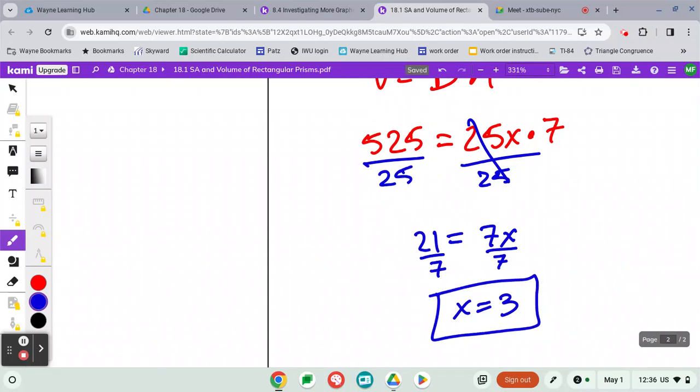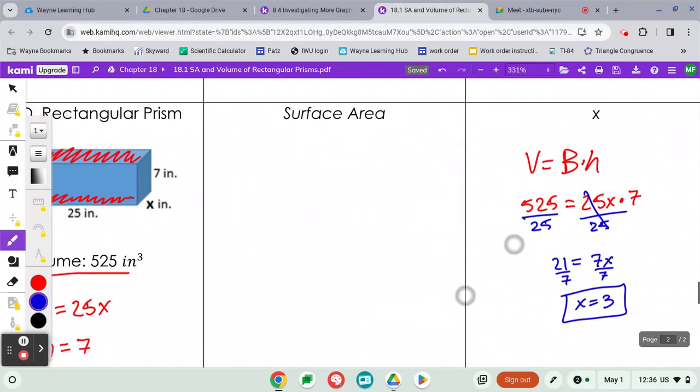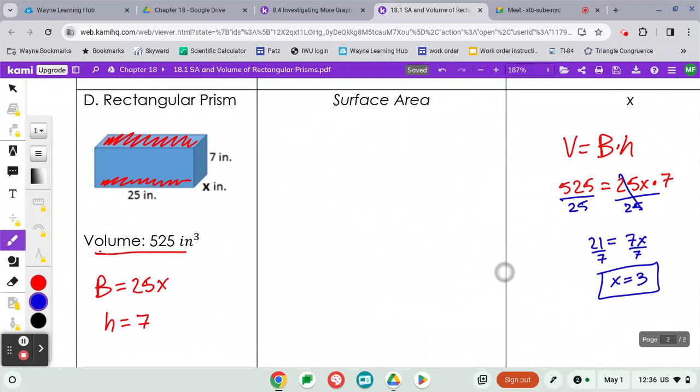Now it asks us to also find the surface area. So let's go back and think about our area of our base. If x is 3 right here, what does that make the area of the base? 75.